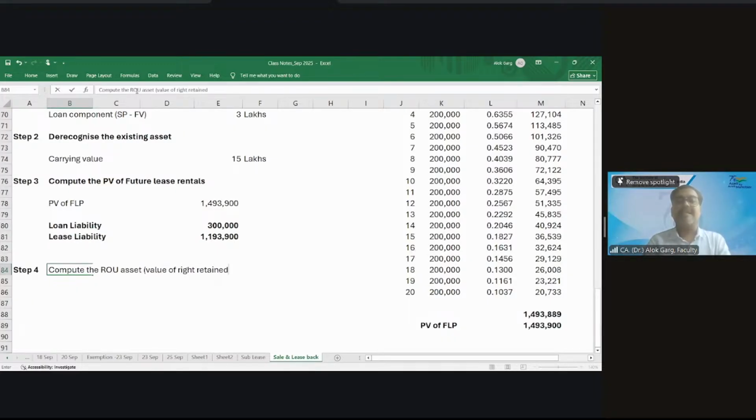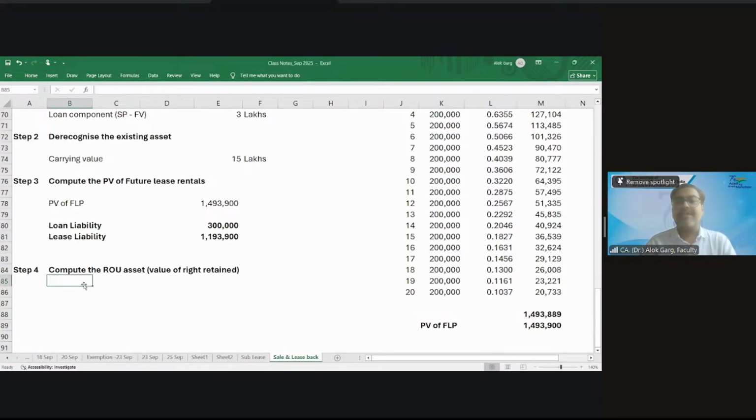When you sell this asset and get the asset on lease basis, you have retained the right for how many years for using this asset? 20 years. You have taken it back for 20 years to use the asset. Yes, sir. So that is how we are doing the calculation.